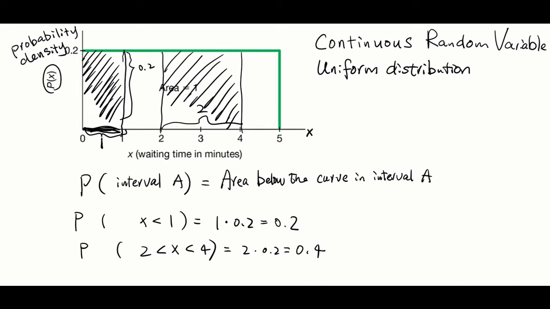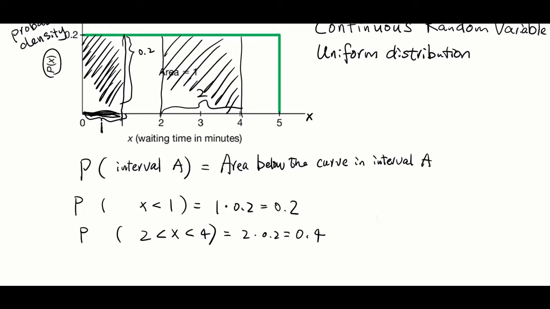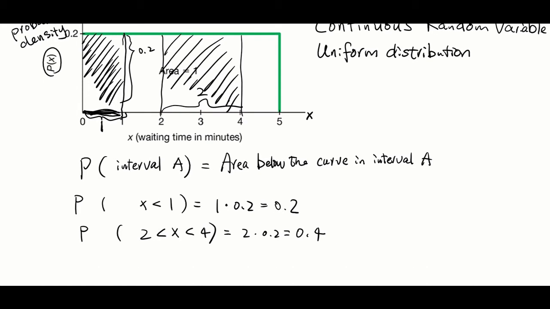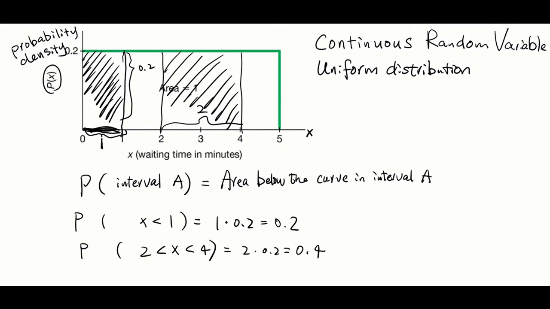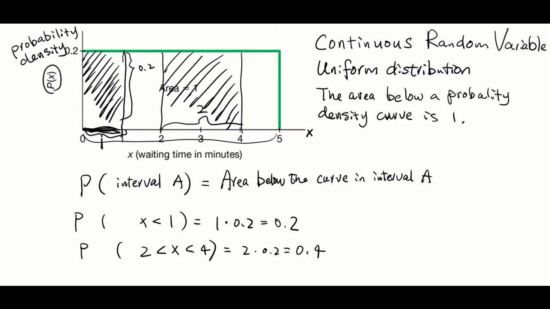So the probability of a random passenger having a wait time between 2 and 4 minutes is 0.4. You can probably tell the area underneath the whole curve will be 1: here it's 5 times 0.2, which is 1. This is true for all density curves: the area below a probability density curve is 1.